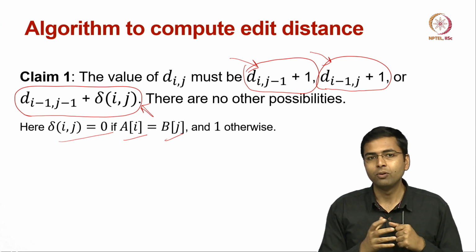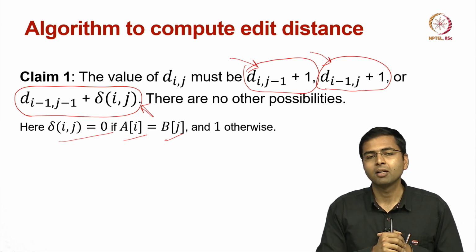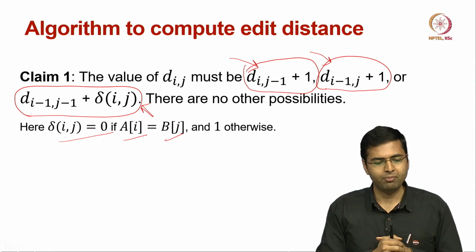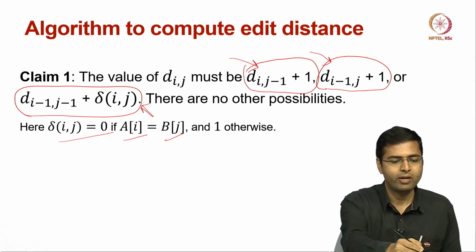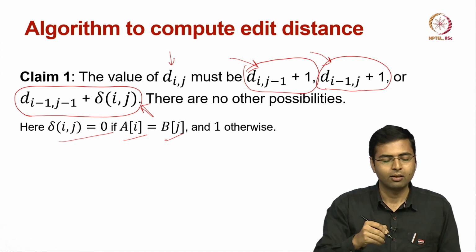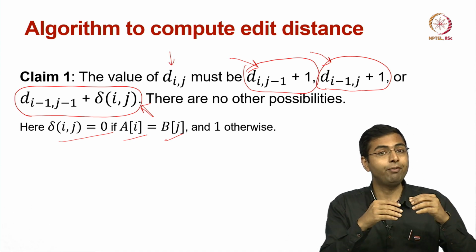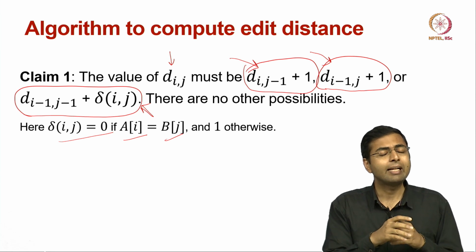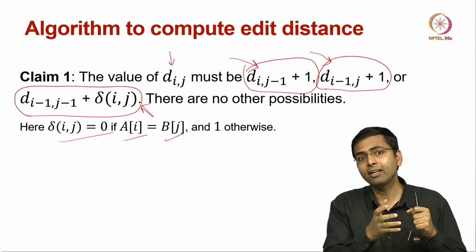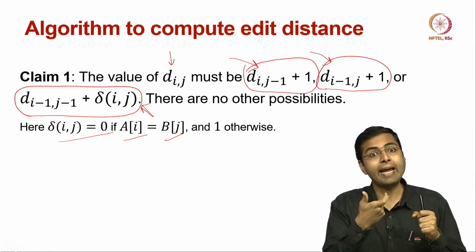Now, why is that true? Well, to prove this claim, let us look at the alignment corresponding to edit distance d(i, j). So, if the edit distance between prefix of A and prefix of B is d(i, j), then we know that there must be some alignment that achieves d(i, j) edit operations.